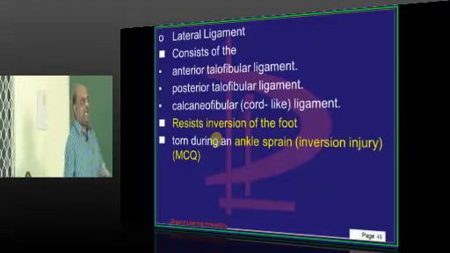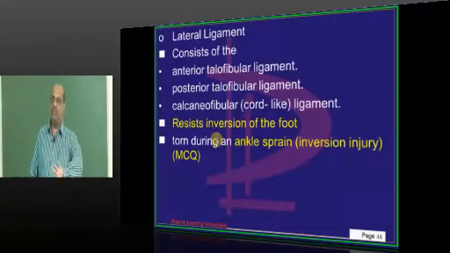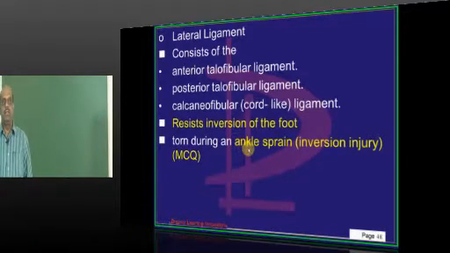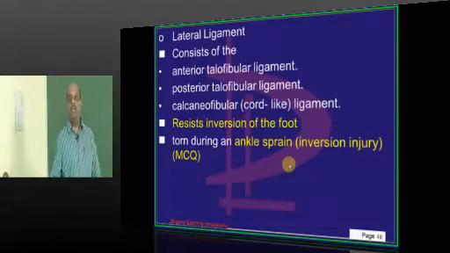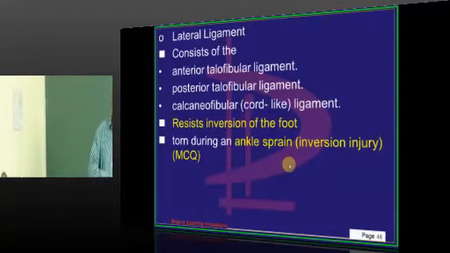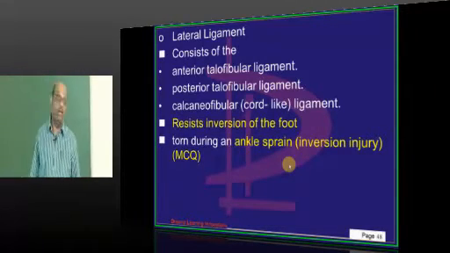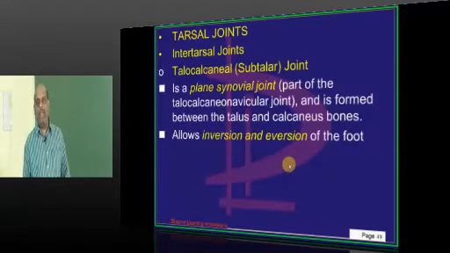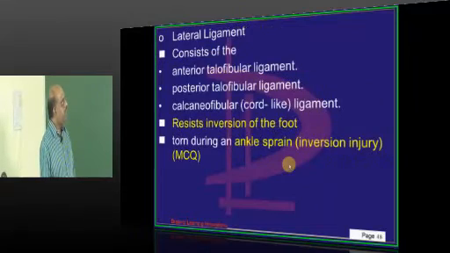What is the purpose of these lateral ligaments? They prevent inversion of the foot. A common question asked is, which ligament is injured in an ankle sprain? Sprain is fundamentally an inversion injury. Hence, lateral ligaments are the ones which are typically torn whenever there is an ankle sprain, which needs to be remembered.